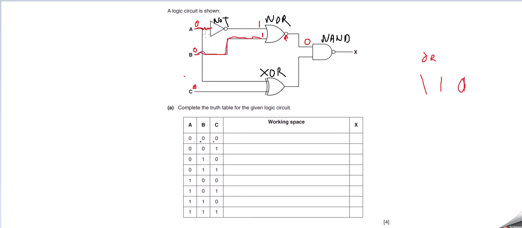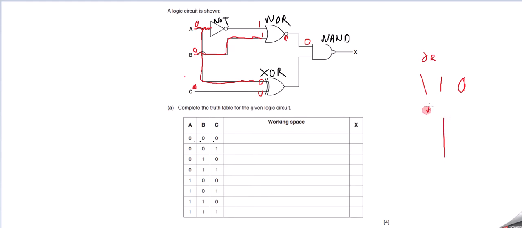Now, person A goes down here, raised back to 0 again because of this. We start on 0. The path goes down here before we get to the NOT gate. So we're going to put a 0 here. And we got a 0 here. Now the truth table for XOR, you should know.